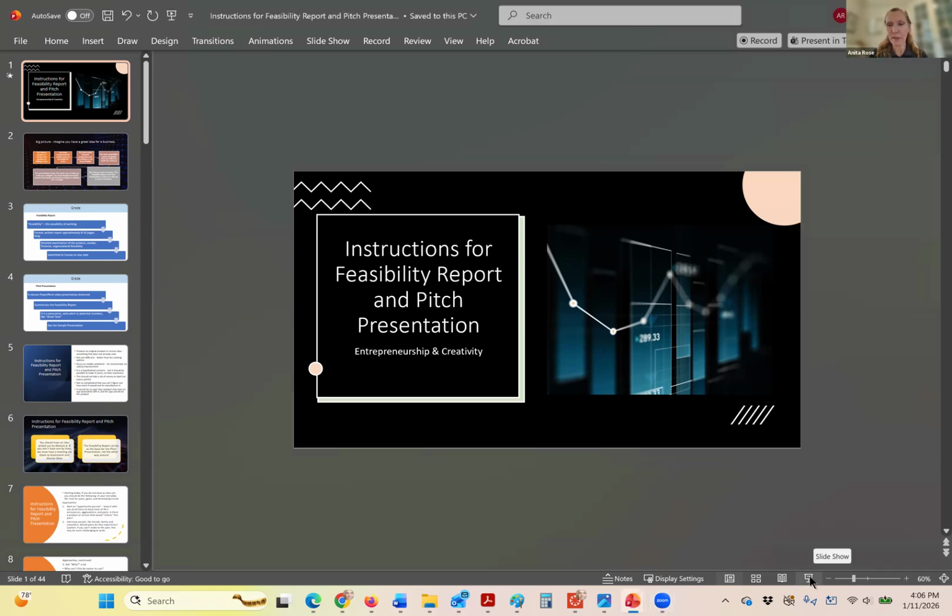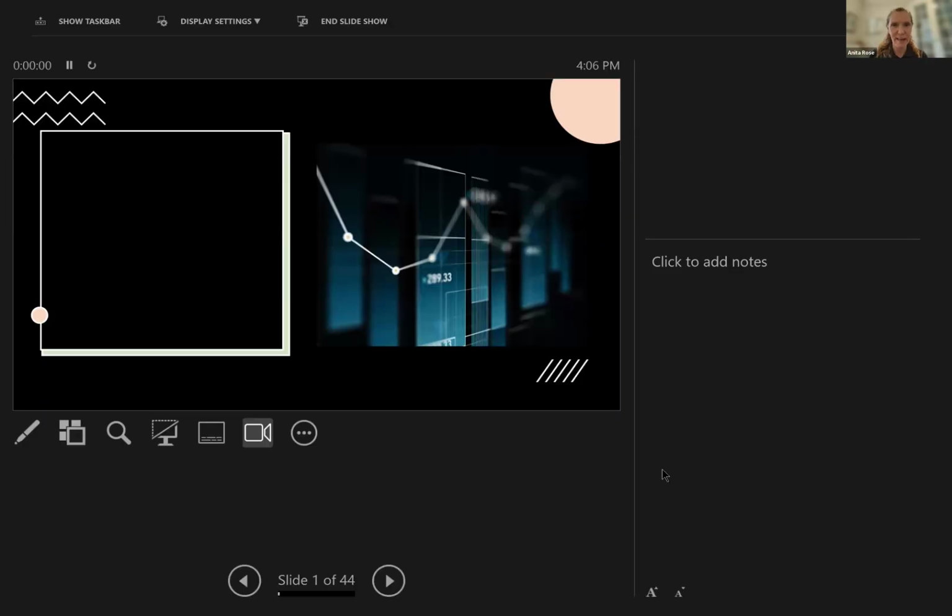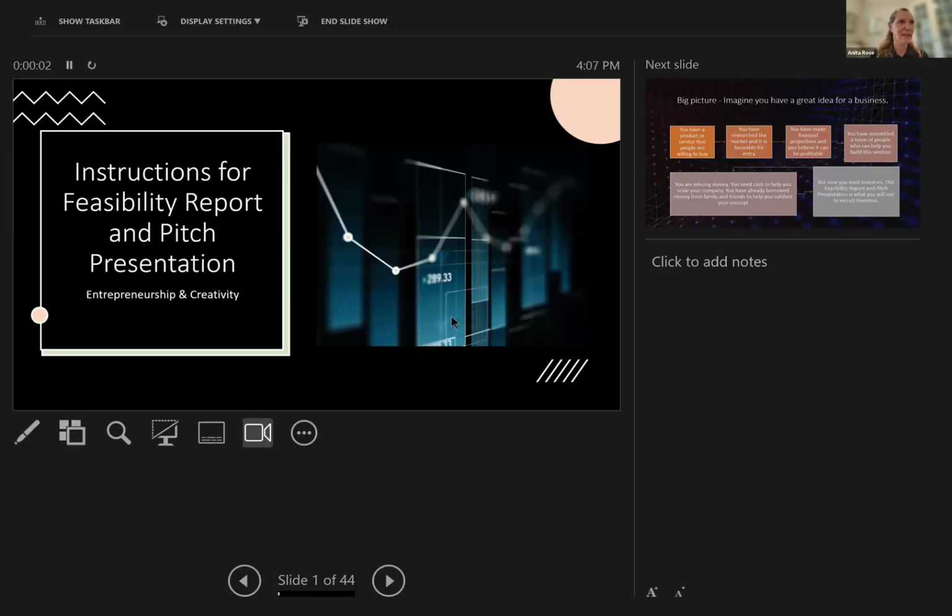But I want to alert you that this is actually not a presentation. It is actually an educational tool. So it doesn't fall under the requirements of a presentation. And the difference is that I have a lot of words and a lot of information on these slides because they're meant to be a reference for you.